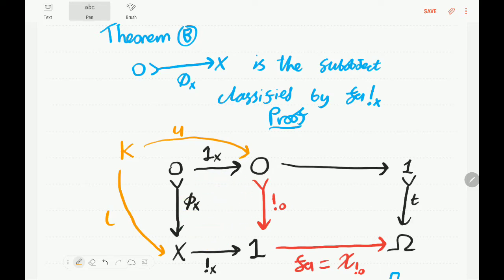If we put a 0 up here, then this square on the left is a pullback square. Why? Well, firstly, does the square commute? Yes, it does, because these are both just arrows from 0 to 1, and there's only one such arrow.